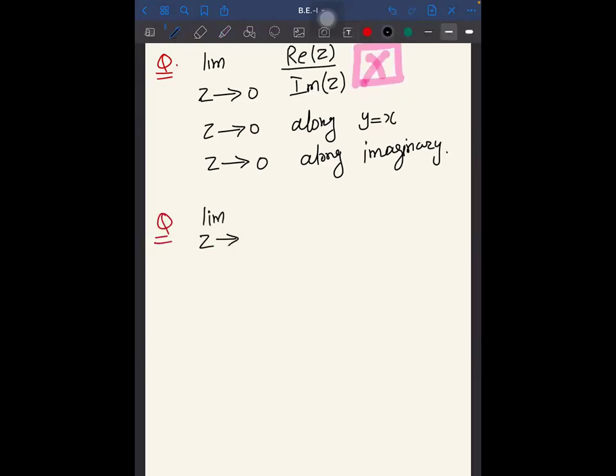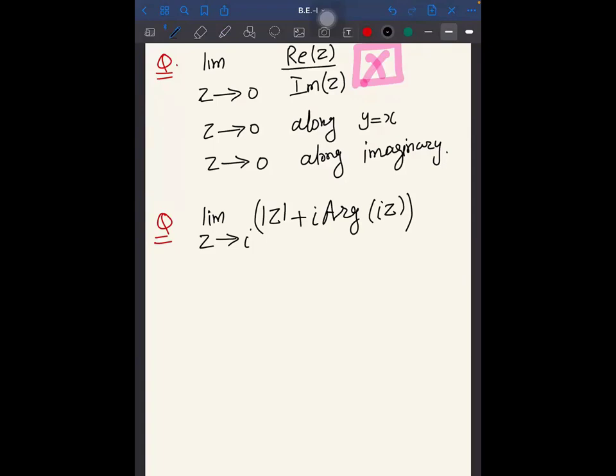Limit z goes to iota, mod z plus iota times the capital argument of iota z. Again, you will have two paths. So I'm giving you those two different paths, and then you will conclude that the limit does not exist.